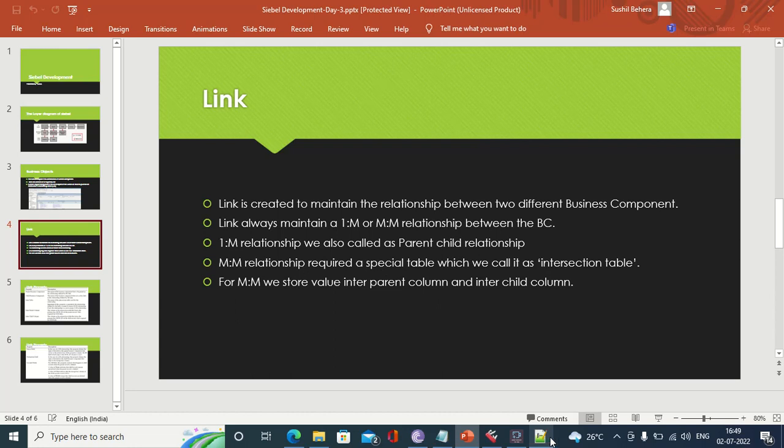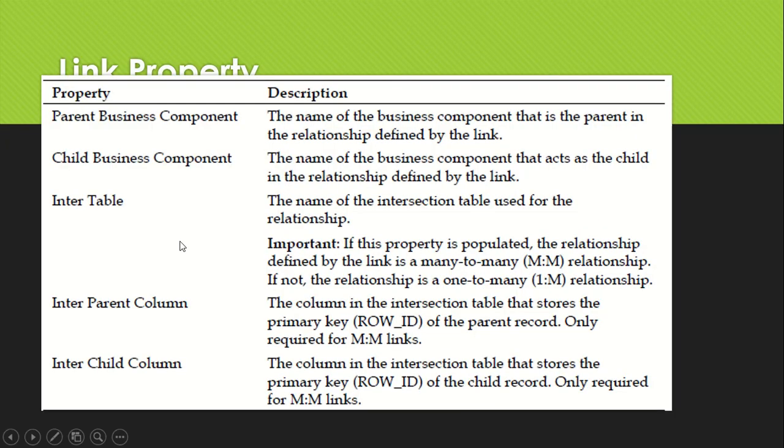Now coming to the properties of a link. So these are the properties. We have to enter parent BC and child BC. If it is an M is to M relationship, then we have to insert into an intersection table, and the table name we have to provide. Then inter parent column and inter child column: which column should be referred to as the parent column and which as the child column.